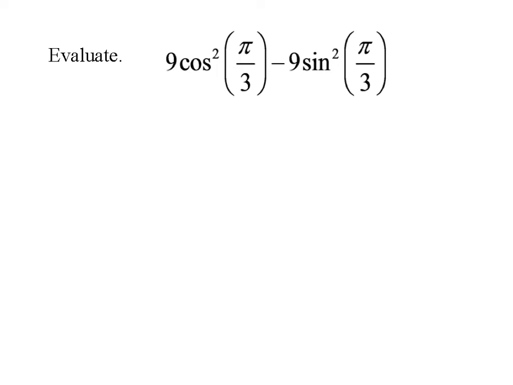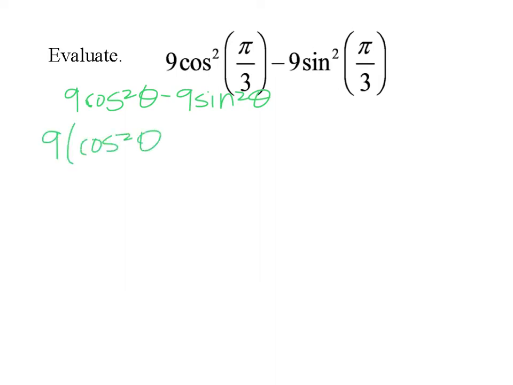All right, so then this one, 9 cosine squared theta minus 9 sine squared theta. If you look at your formula sheet, you don't see anything that has 9 times in front of it, right? 9 times cosine squared minus 9 sine squared. So what we're going to do is factor out that 9.